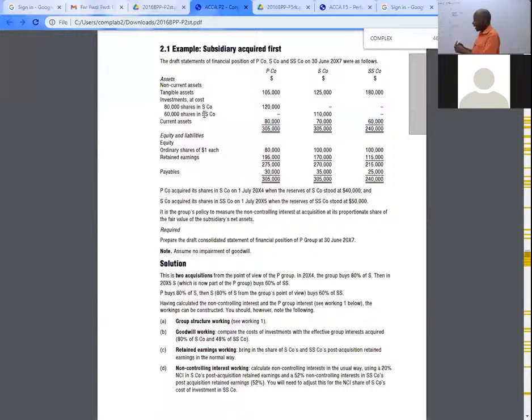Divide this by the total number of shares that SS has. The share capital of SS is 100,000 divided by the par value, which gives 100,000. So times 100, this will give us 60%.